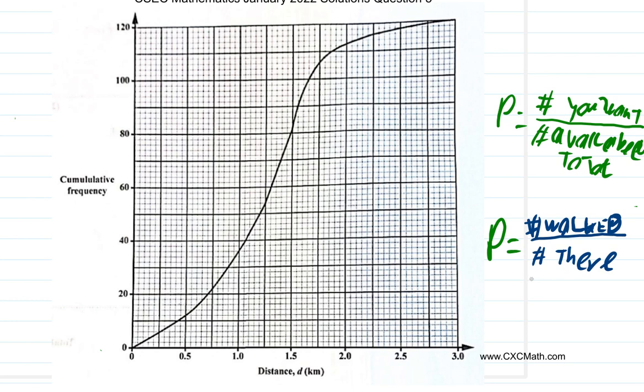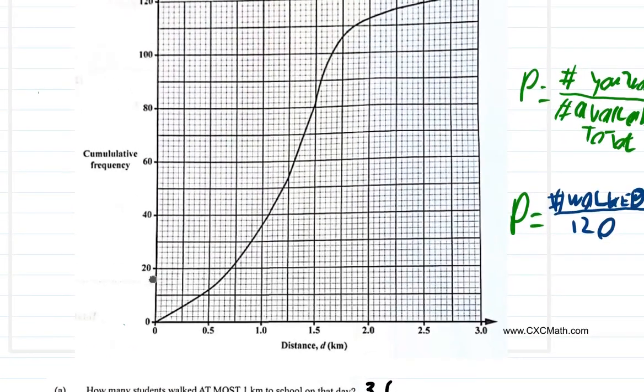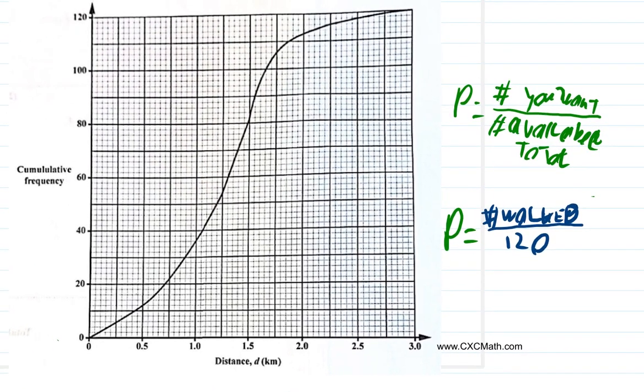The number of students who are there is 120, let's say. So it is 120. How many students walk more than 1.5 kilometers? Divided by how many students are there.